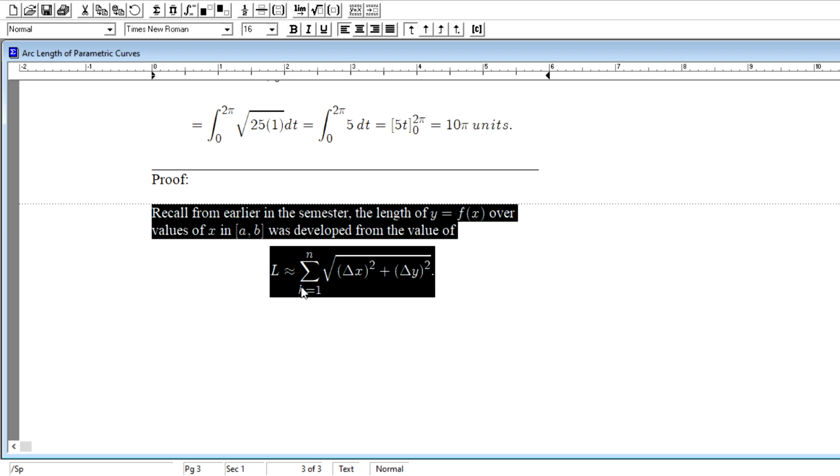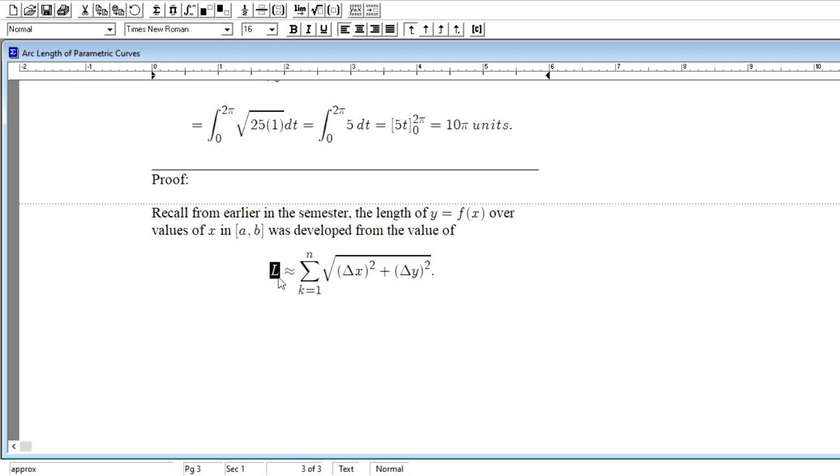In that formula for arc length, the calculation developed from applying a limit of a Riemann sum to this quantity given here, where when we think about approximating the length of this region, it was the summation from k equals 1 to n of this calculation, which developed from just the Pythagorean theorem. Delta x was a small incremental change in x, and delta y was a small incremental change in y.